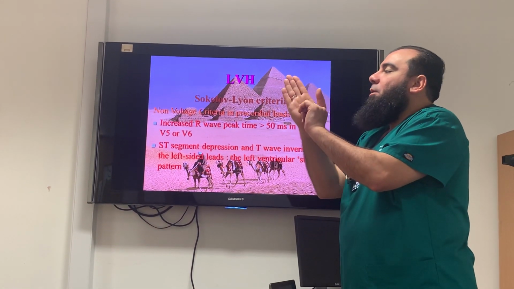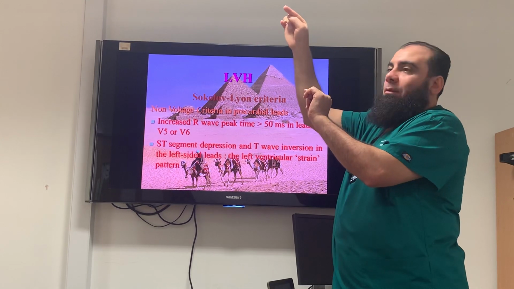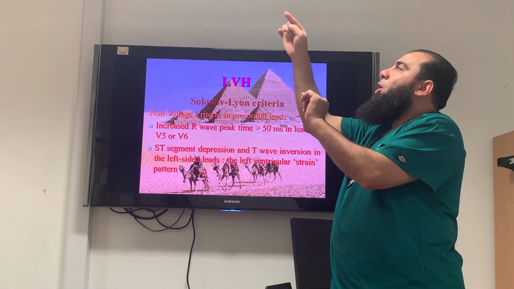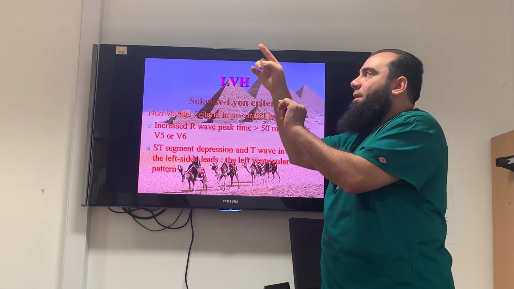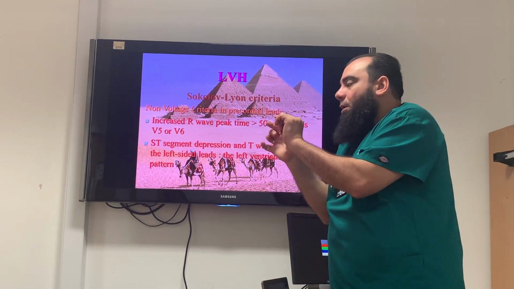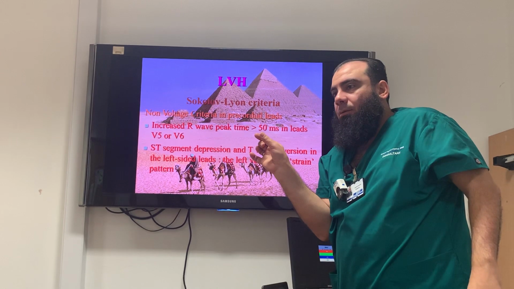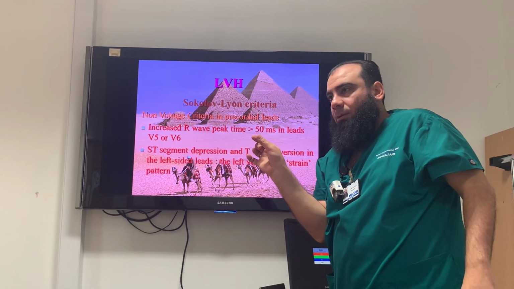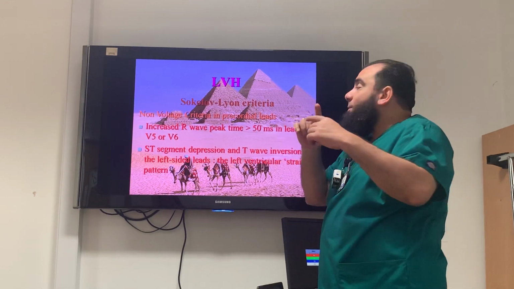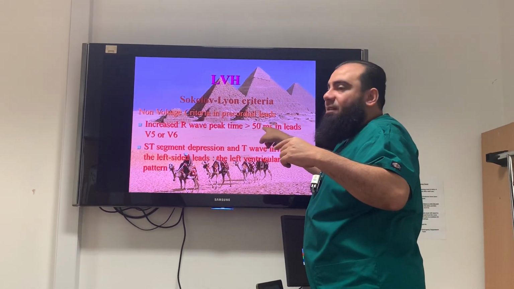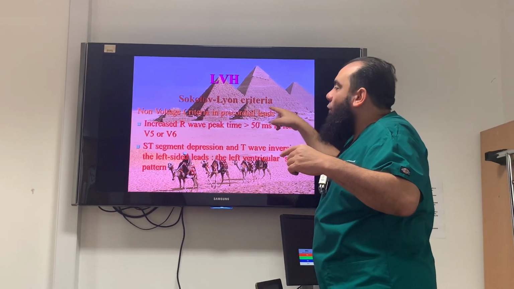It starts until it reaches its peak. If we imagine a perpendicular line coming down to the base, that time here. Did you imagine it? This time is very important. It's more than 50 milliseconds in lead V5 or V6.